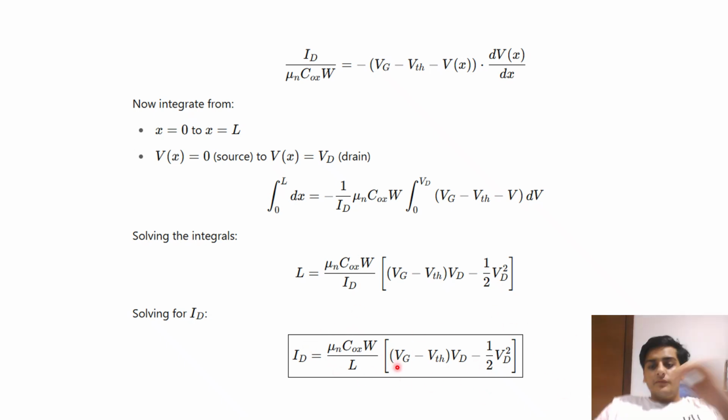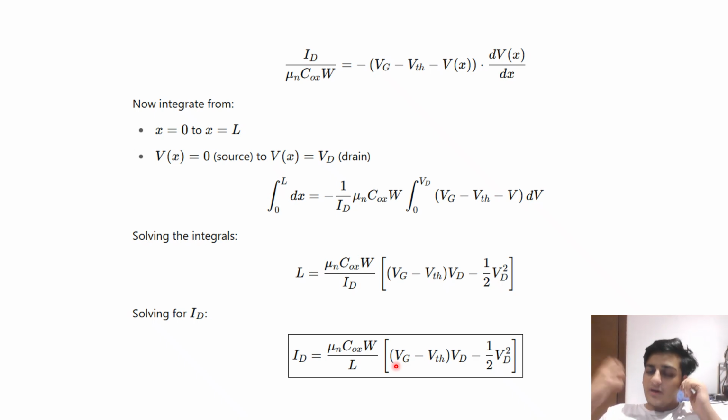Now, a few caveats that I want to add to this expression. Firstly, if any part of the derivation was unclear, you can reach out to me, or you can rewatch it. We just wrote the charge as a function of distance, and then spoke about how, due to that surface charge throughout the channel, you're going to have drift according to the electric field set up in the channel.